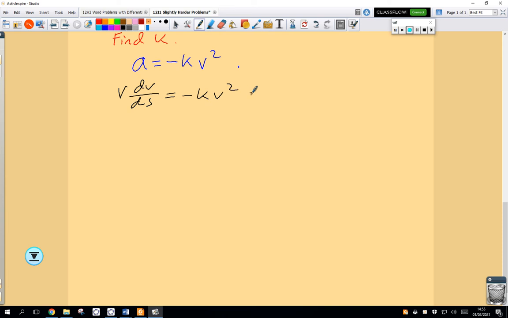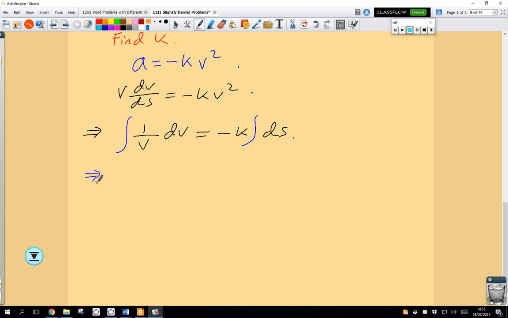Okay, it's a separable first order differential equation. Divide on both sides by v squared. Again, 1 over v on the left. Remember, v divided by v squared is just 1 over v. Multiply on both sides by ds. And we get 1 over v dv is negative k times ds. I'm going to take an antiderivative on both sides.